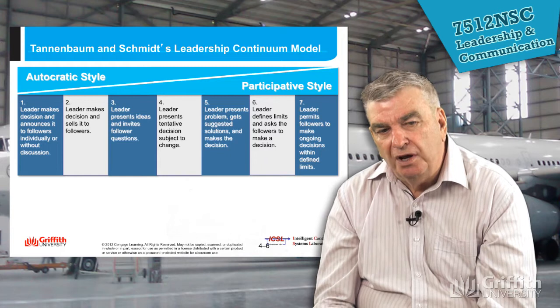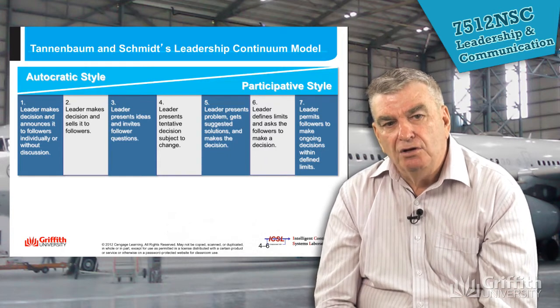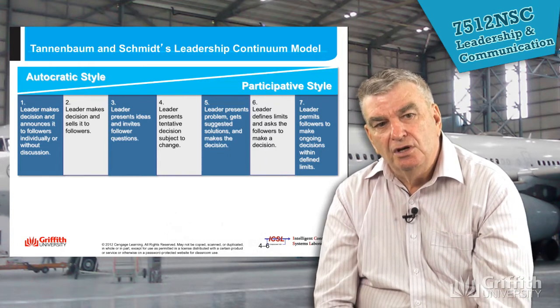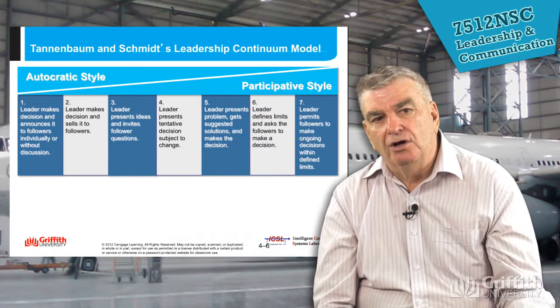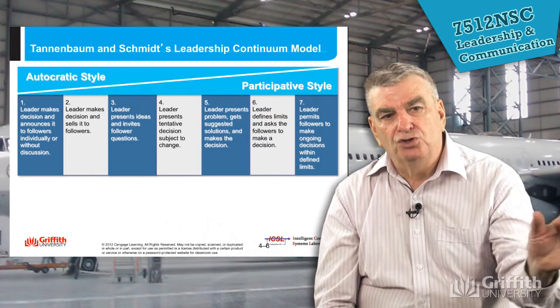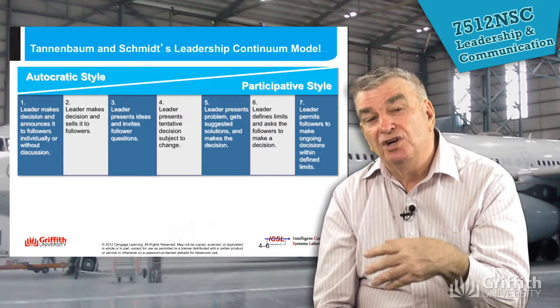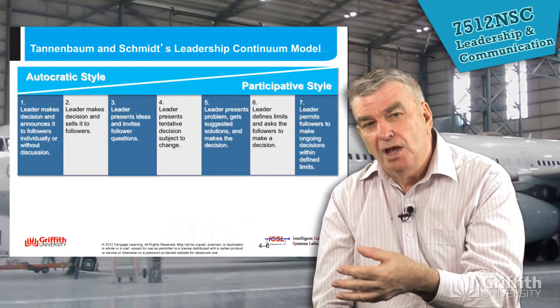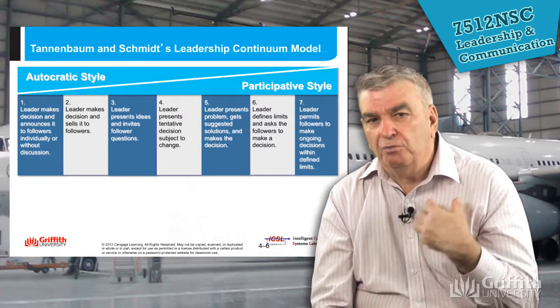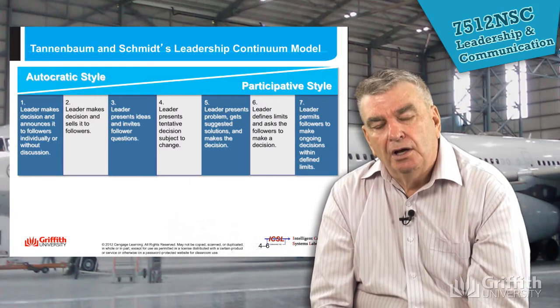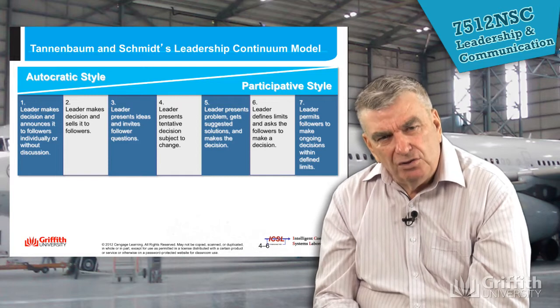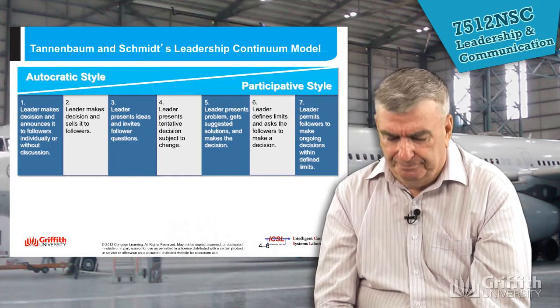People will adjust depending on the situation, and depending on what they know about the followers, they might simply say, I don't know these people, I'll simply sell, this is the job, this is how you do it, this is when I want it done by. Whereas other people might say, this is the job, how do you think it should be done? I've got my own ideas, but I want to find out what you think. So this is a good little model too.